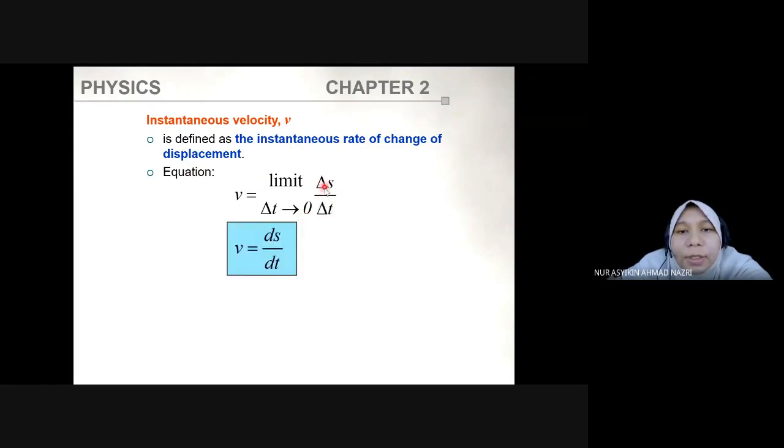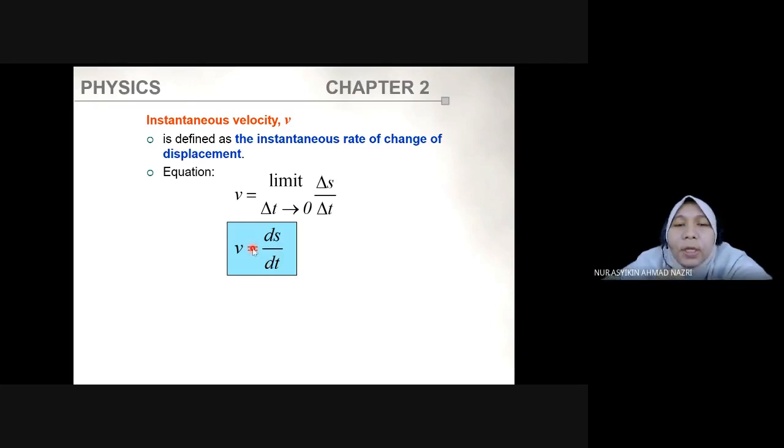Okay, so delta X over delta T ada limit dia. Which is limit dia, delta T ni cannot be equal to 0. If 0, then the velocity cannot exist lah. Okay, so dx, tukar jadi dx ya. dx over dt is the instantaneous rate of change of displacement.